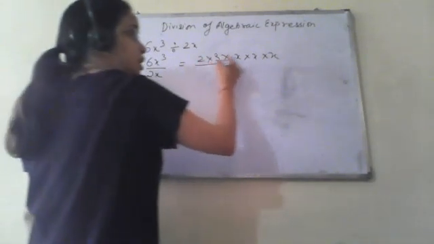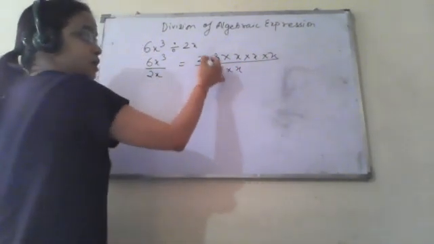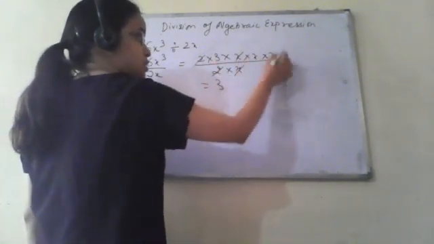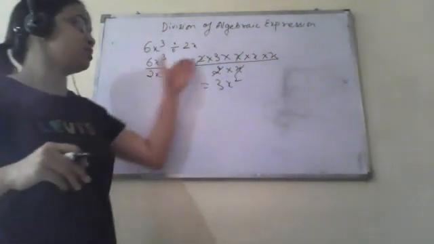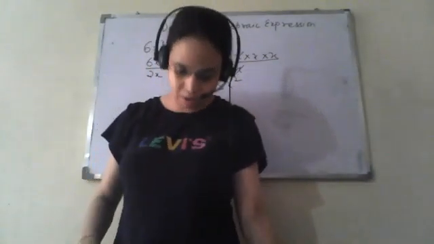Clear? Now this 2x can be written as 2 into x. Now we can cancel out this 2 and this 1x. So what is left? 3x into x is x square. We are doing nothing but factorizing the things, and we have to take the common factor out of these things.